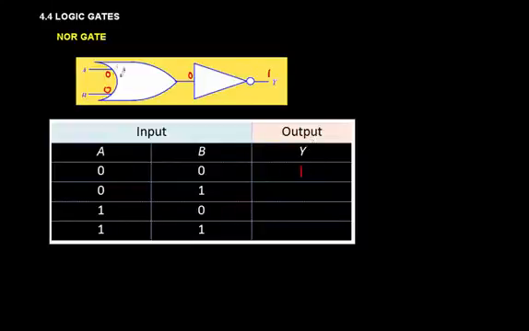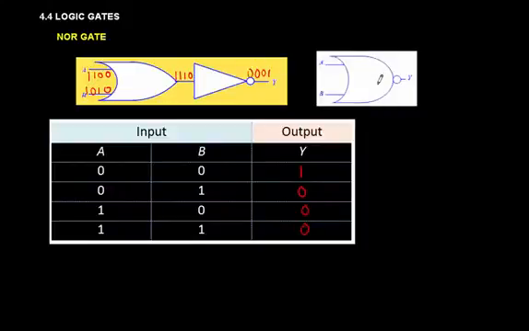Next, 0, 1: OR of that will be 1, NOT of that will be 0, so this will be a 0. Followed by 1, 0: OR of that is 1, and NOT of that becomes 0, so here will be a 0. And lastly 1, 1 will be a 1, NOT of that will be 0. So this will be 0.